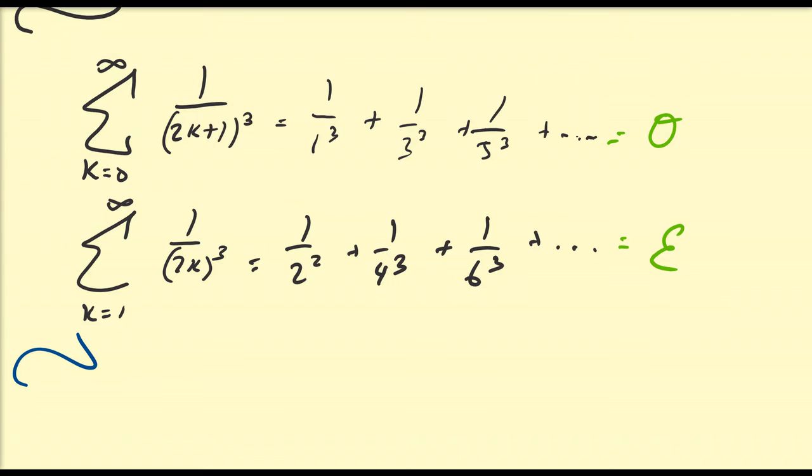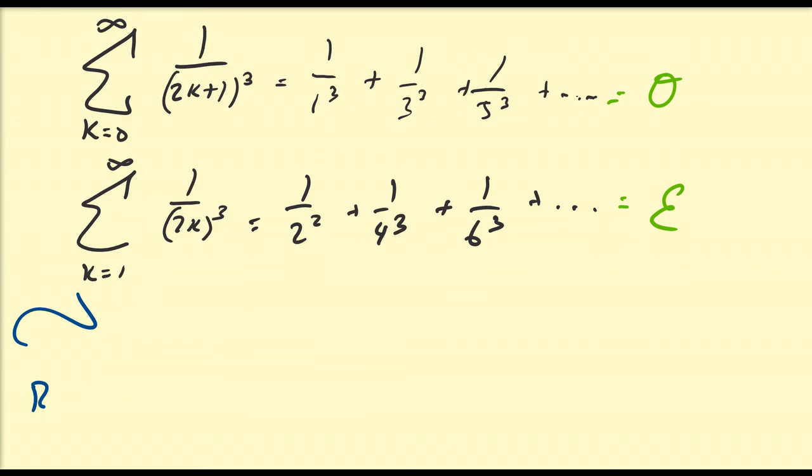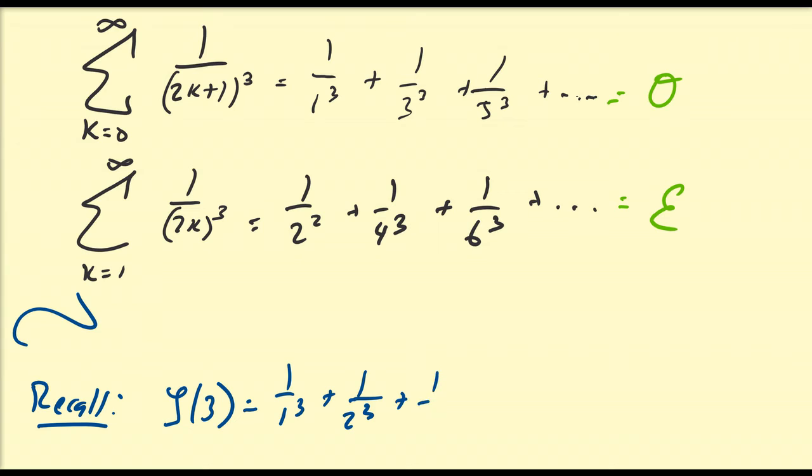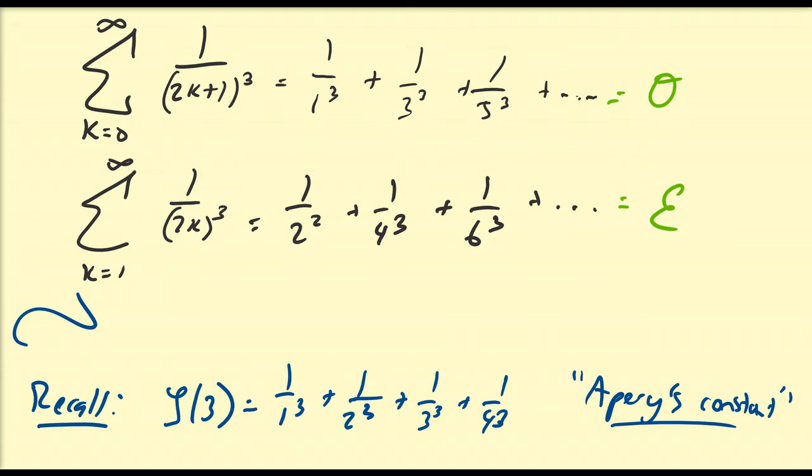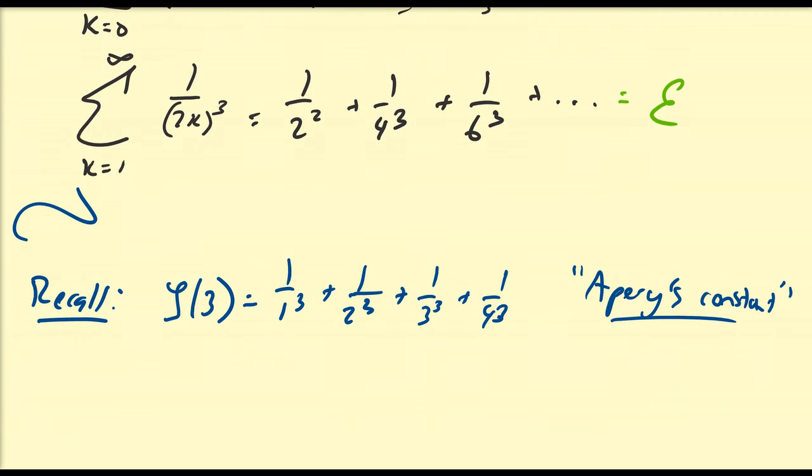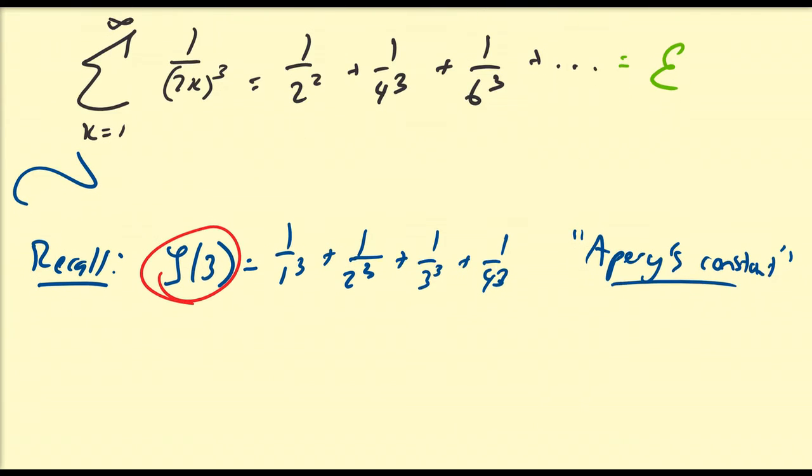So what can I do here? Recall that zeta of 3, which is 1 over 1 cubed plus 1 over 2 cubed plus 1 over 3 cubed plus 1 over 4 cubed and so on, does exist. This is what we call Apéry's constant, which at least at the time of making this video does not have a closed form, so we're just going to call it zeta of 3.